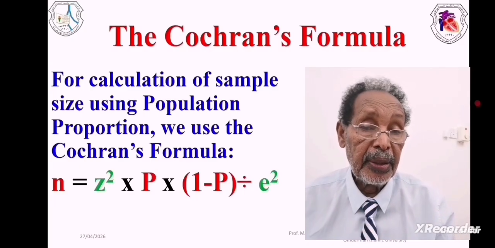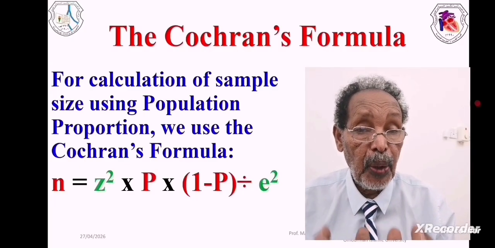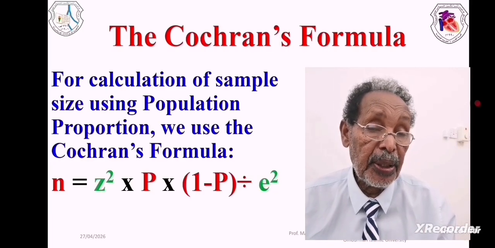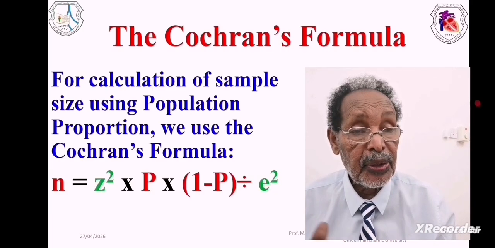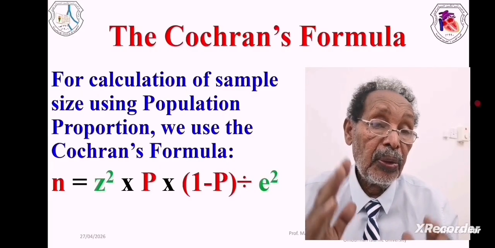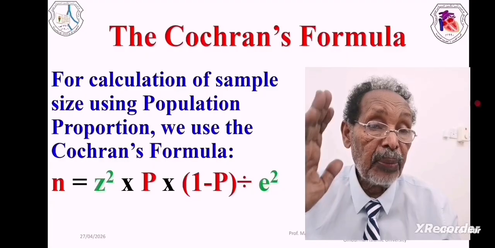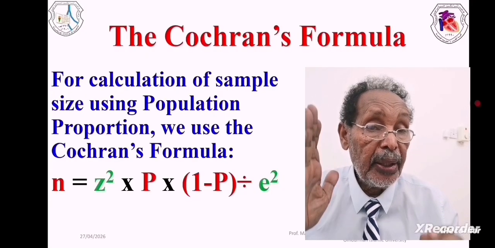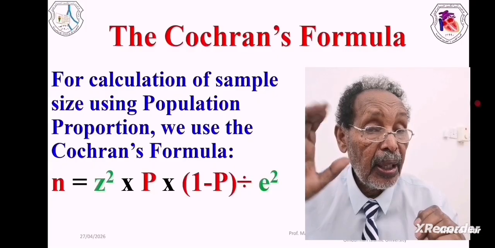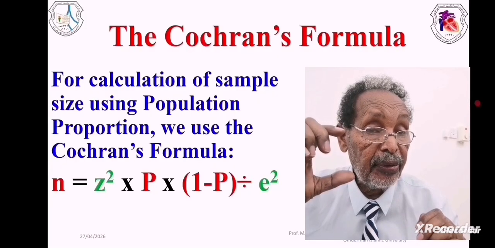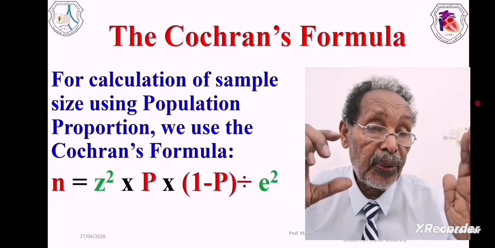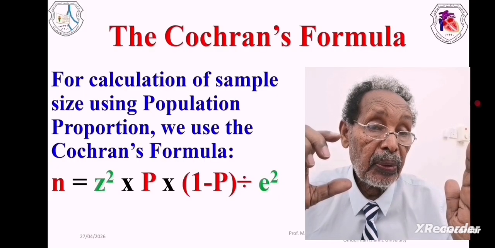So we square it. And the proportion from Mr. Hassan's paper is 9%, which is written as 0.09. To remind you, 1 is equivalent to 100%, and half of this is 0.5, which is equivalent to 50%.